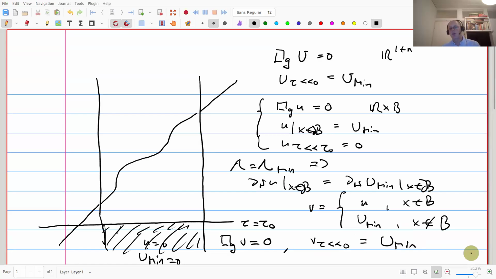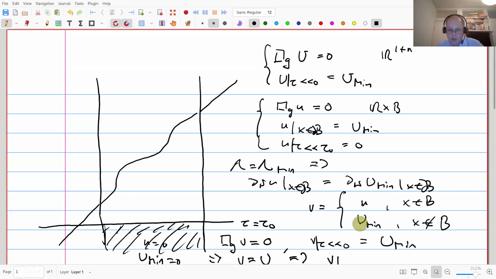So we have these two equations valid. So this equation here and this equation here, they are the same, and that equation has a unique solution, which means that V is U.